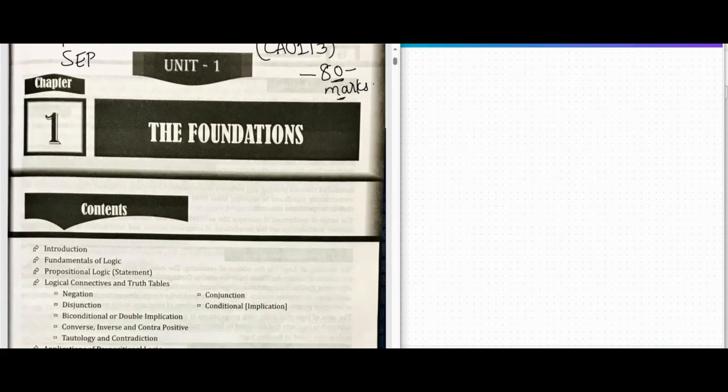So here we have unit 1, it is a foundation. In foundation we'll be discussing the fundamentals of logic, then propositional logic, then logical connectives. In logical connectives we have negation, disjunction, biconditional, conjunction, conditional implication, and converse, inverse, contrapositive, tautology, contradictions.